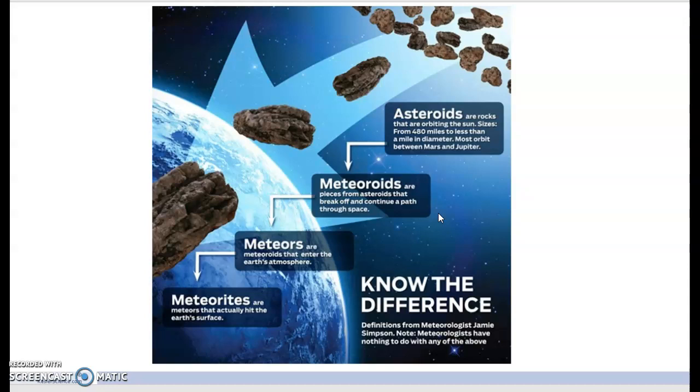But anyways, what I want you to do in your journal is to draw this picture. It doesn't have to be elaborate like this, nothing like that. But I want you to say that asteroids, you can put that just over in the corner. You don't have to draw that. But I want you to draw that a meteoroid is outside of our atmosphere, a meteor is inside of our atmosphere, and a meteorite is once it hits the Earth.